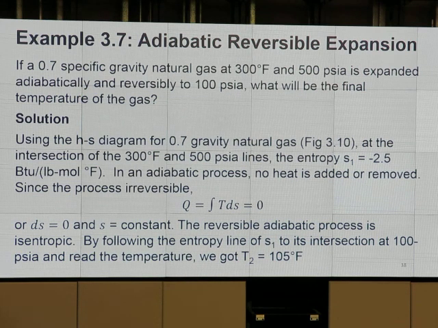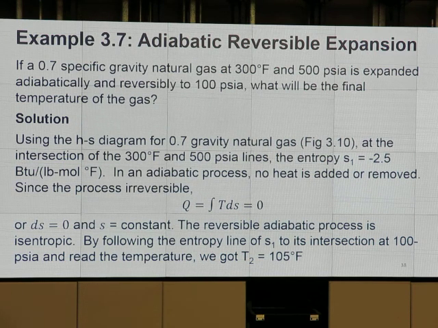Solution. Using the HS diagram for 0.7 gravity natural gas at the intersection of the 300 Fahrenheit and 500 psia lines, the entropy S1 is negative 2.5 BTU per pound mole Fahrenheit. In an adiabatic process, no heat is added or removed.